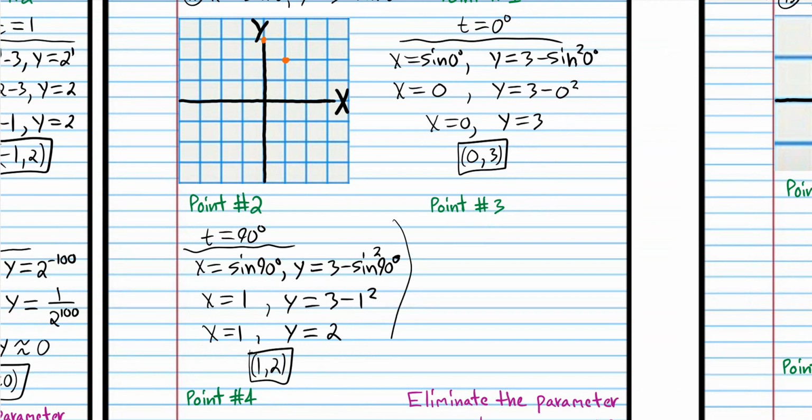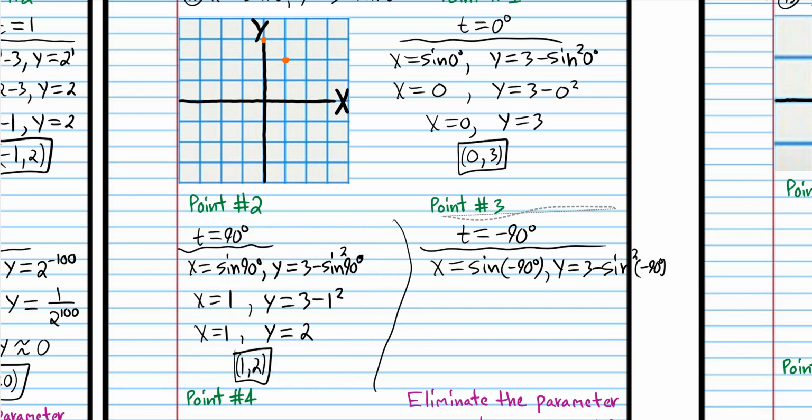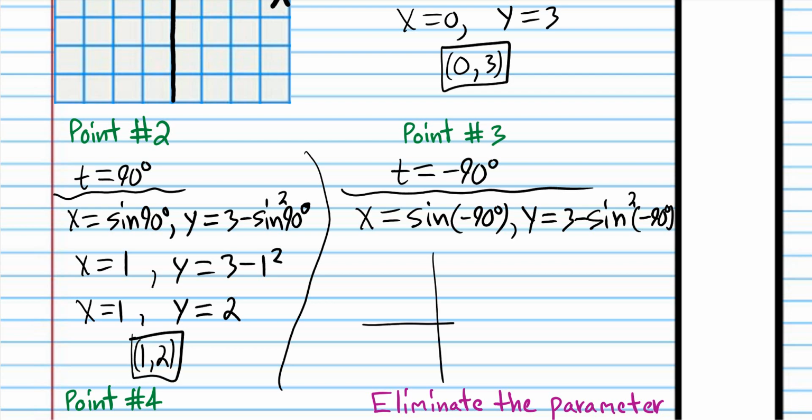So the point that we're looking for is 1, 2. And now let's come up with another t value. Let's choose negative 90 degrees. X is equal to sine negative 90 degrees. Y is equal to 3 minus sine negative 90 degrees squared. So again, if you look at your sine curve, when we have quadrantal angles, it's best to use the sine curve.